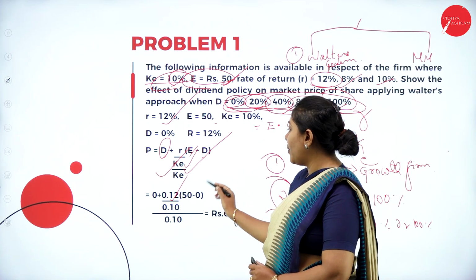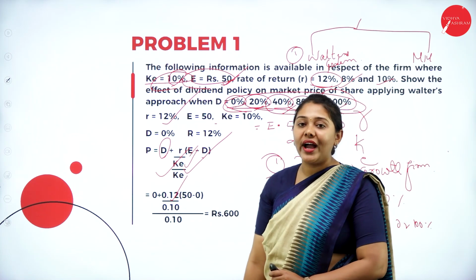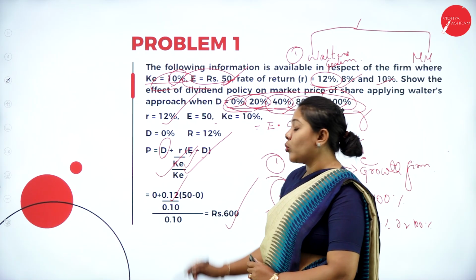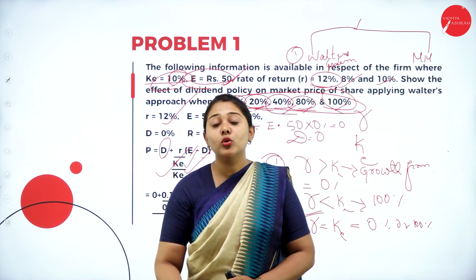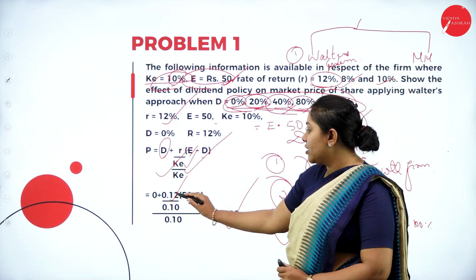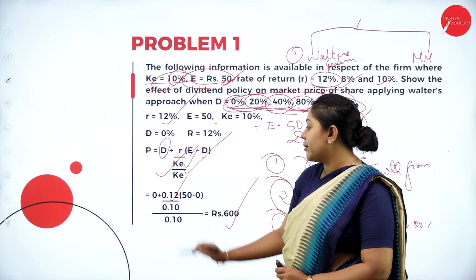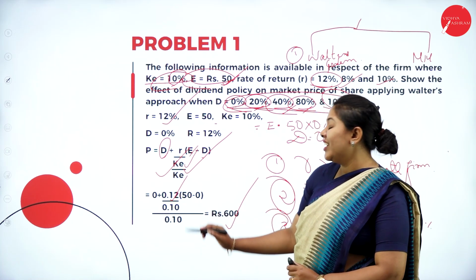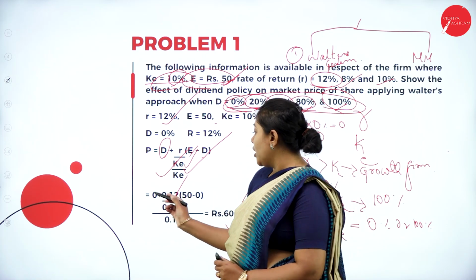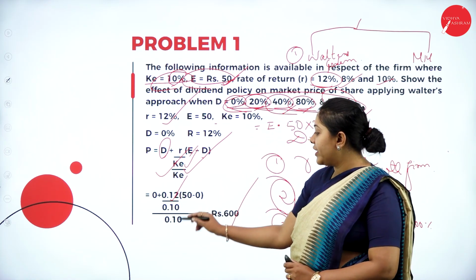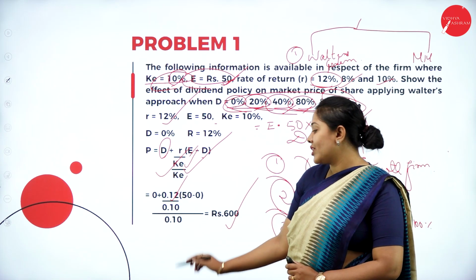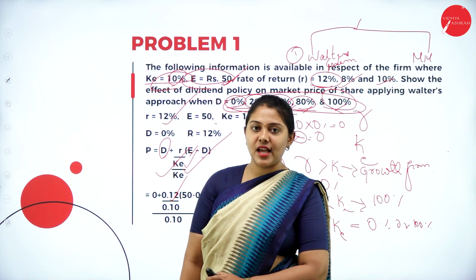Earnings is 50 minus 0. If you substitute the values, that is 0.12 divided by 0.10 into 50 plus 0, whole divided by 0.10. The answer you get is rupees 600.